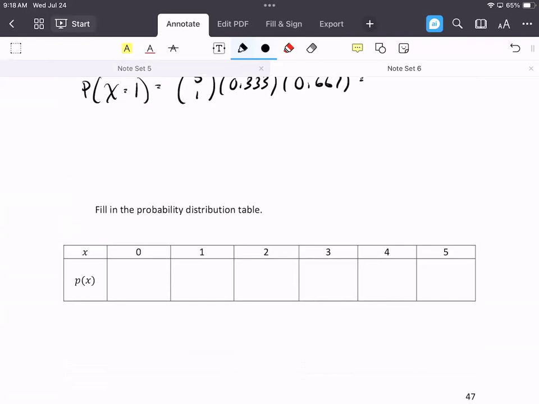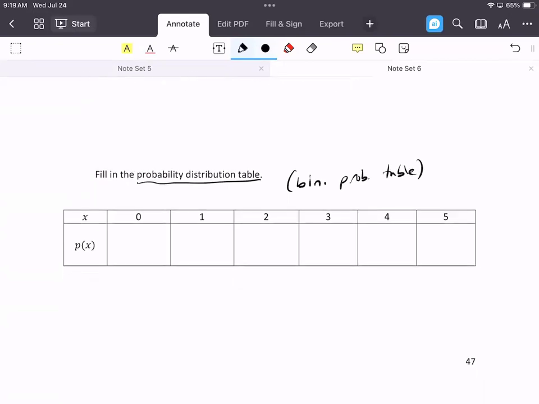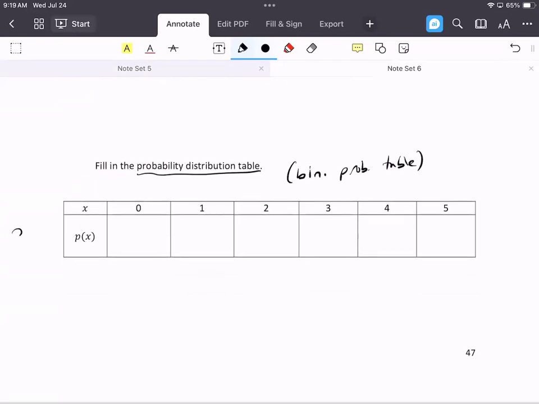This is called a probability distribution table. In this case, it's even more specific. It's the binomial probability table. Either one of those is fine. You also can look at it as P, the probability of X given little x. And I'm going to, like I said, give you this completed table.